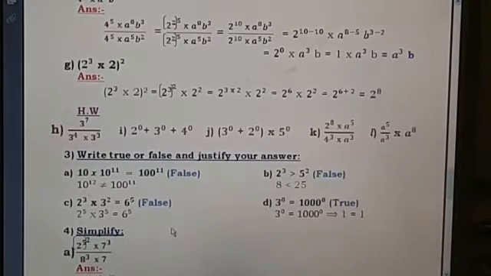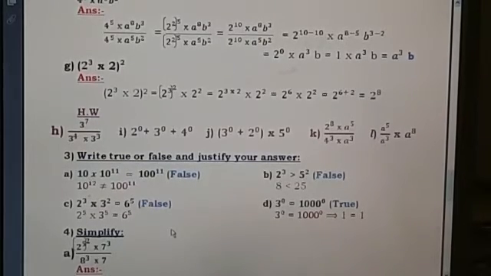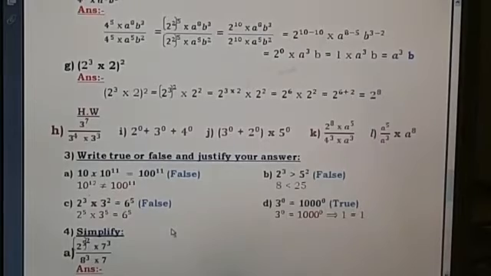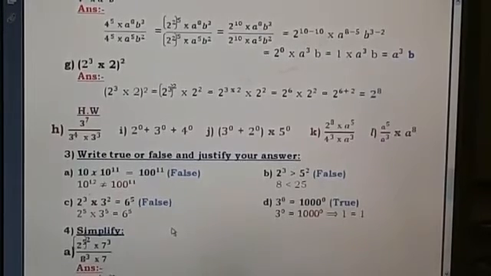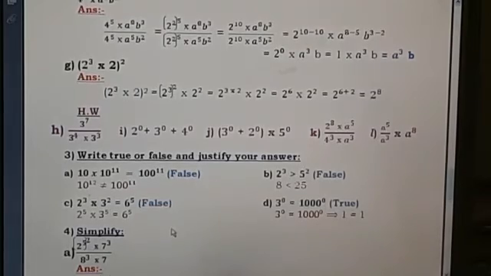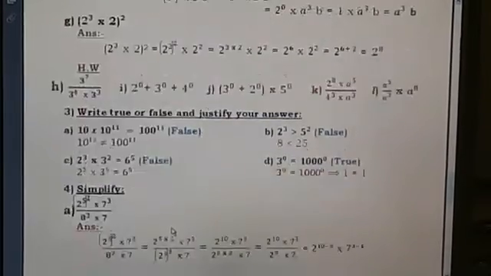Like that we have to write the first step. Next, power to the power we have to multiply. Then use the first law, we have to add the powers, we will get the answer. So this exponents chapter is very easy. You have to be thorough with the laws.